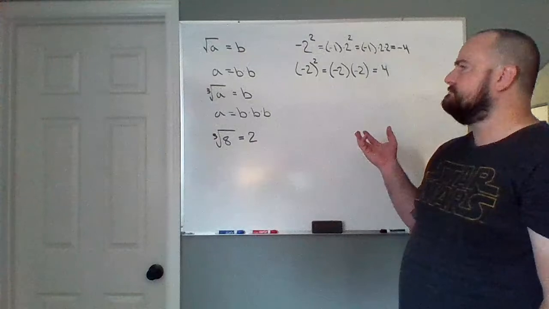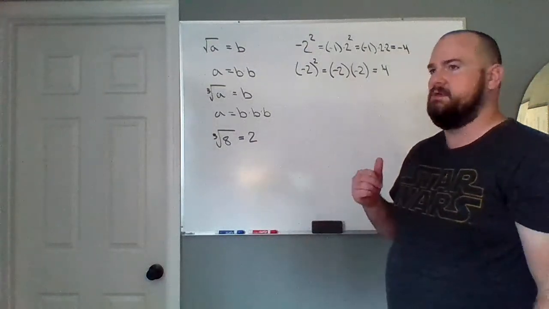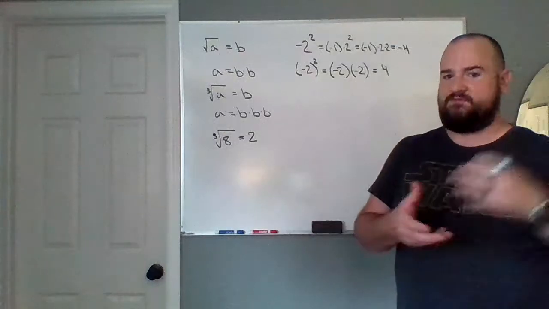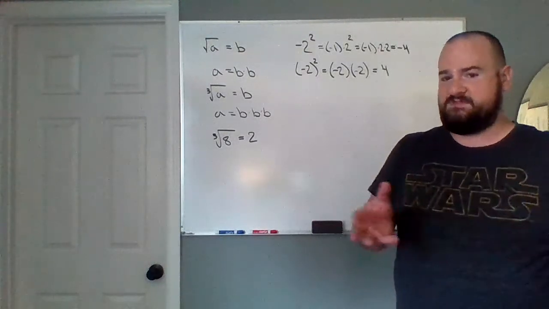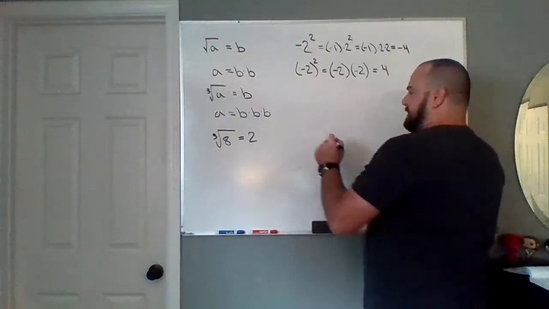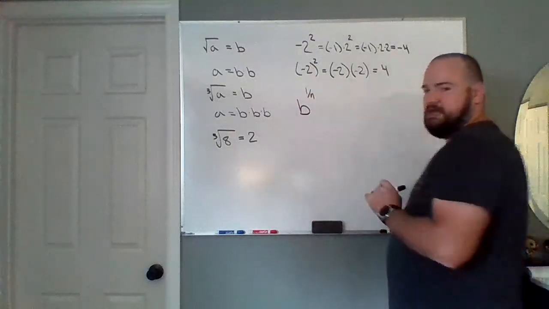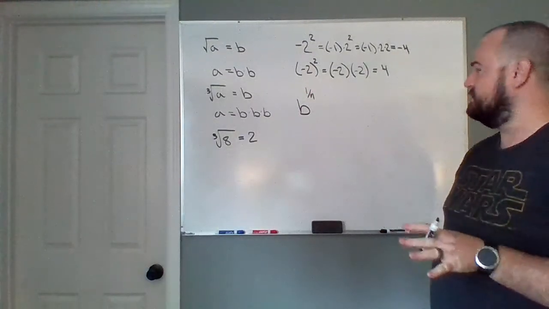Well, b could be any number, right? And that b to the n could be any number. We could say negative 3 to the 18th, negative 3 to the 5th, negative 3 to the 2nd, negative 3 to the 4th, whatever. But when I talk about b to the 1 over n, we come into a couple situations.